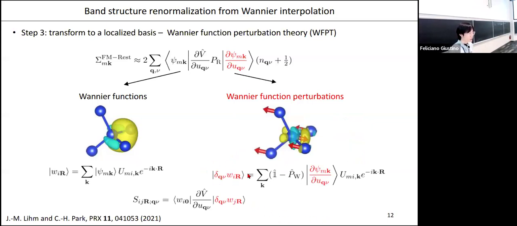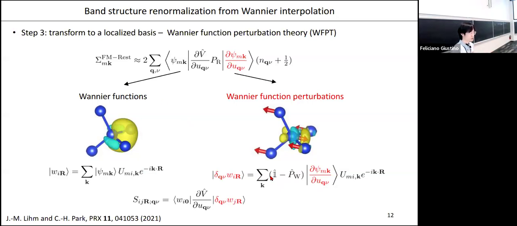So we have this Wannier function perturbation on the left-hand side, and it can be calculated by linearly combining the wave function perturbation calculated on a coarse K grid using the same gauge matrix U used for calculating the Wannier functions. The only difference is that you have this projection, which projects the contribution within the active space out, because we're calculating the rest space contribution.